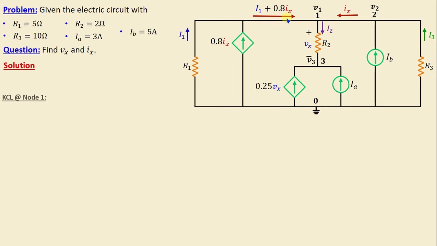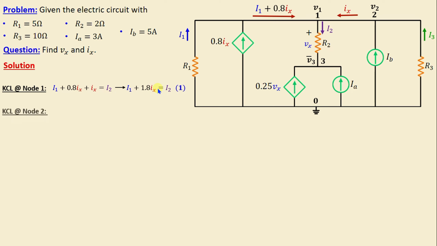Let's start first with node 1. By applying Kirchhoff's current law at node 1, we can write I1 plus 0.8 Ix plus Ix is equal to I2. That means I1 plus 1.8 Ix is equal to I2.